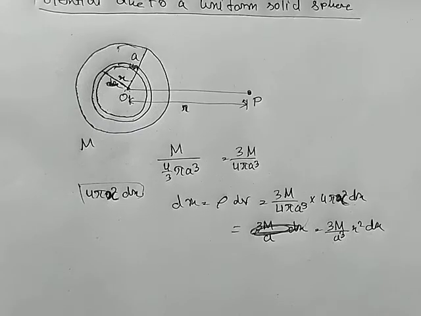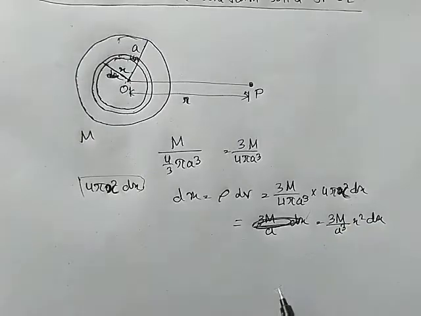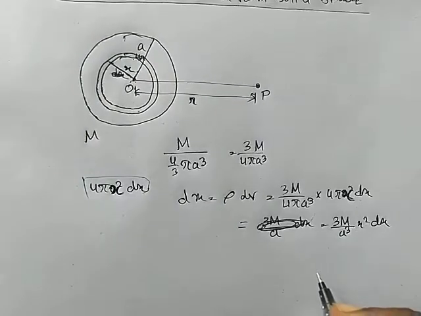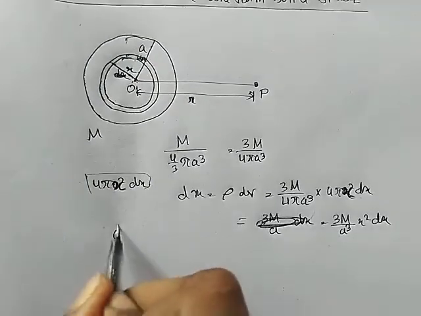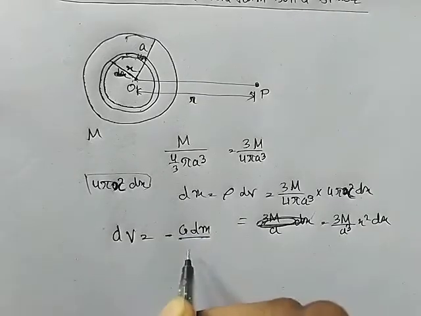So this is the mass dm, and we will find the potential dV is minus G dm by r.